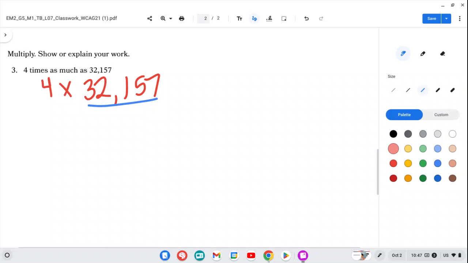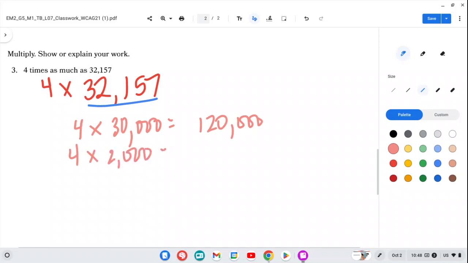So it's the exact same thinking process of an area model, but we're just not drawing boxes. So I'm going to want to be multiplying my 4 by each place value. For example, 4 times 30,000, which is 120,000. We just did that math already. Then we'll do 4 times 2,000, which is 8,000.